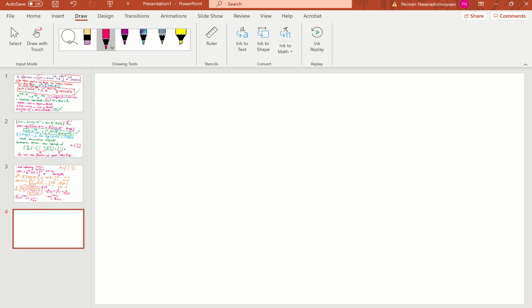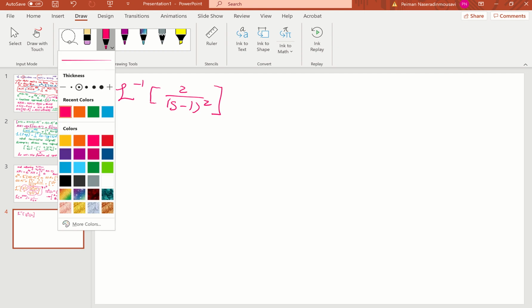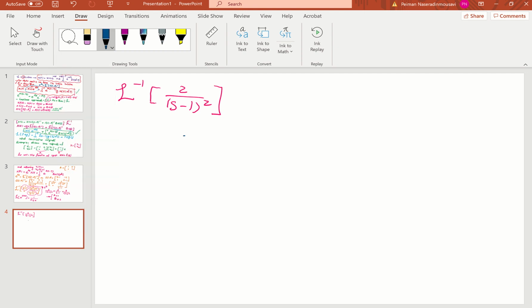Now, the Laplace inverse of 2 over (s minus 1) squared. How much is it from undergraduate control? It's very easy, guys.